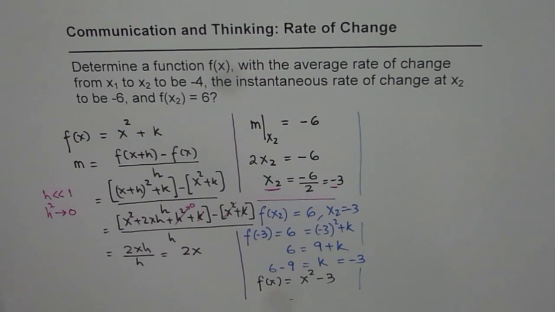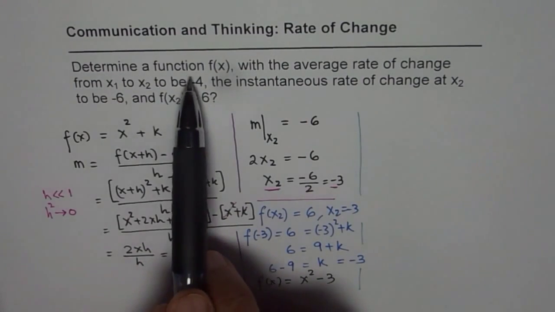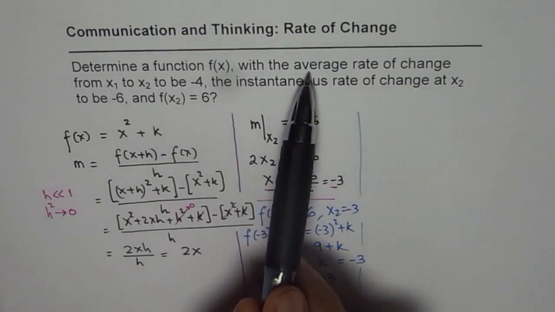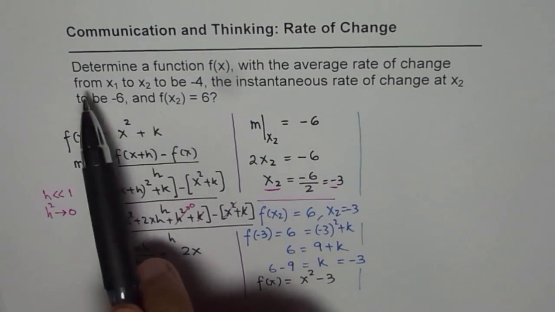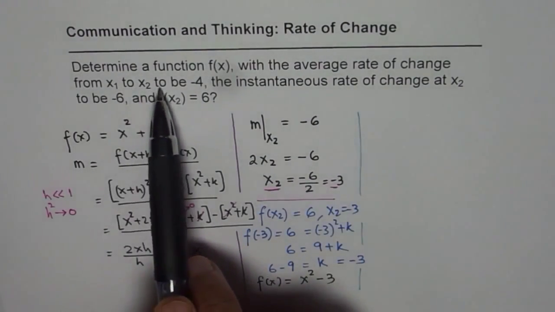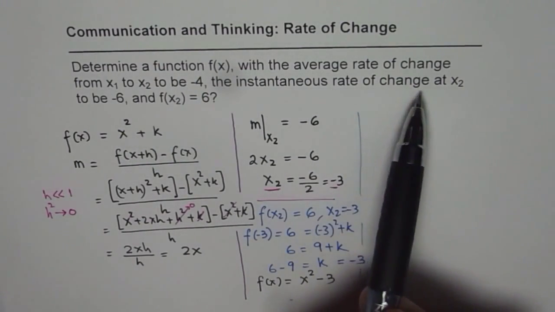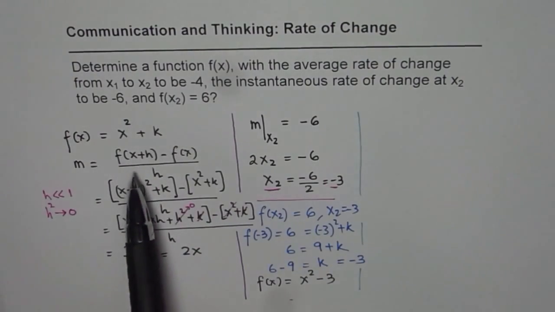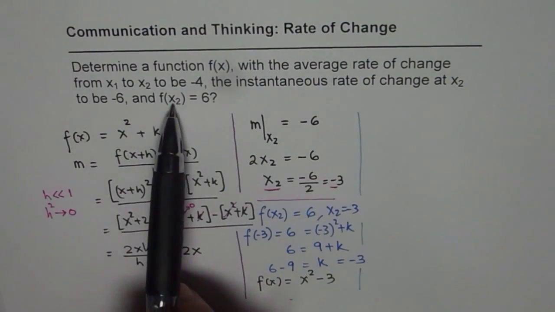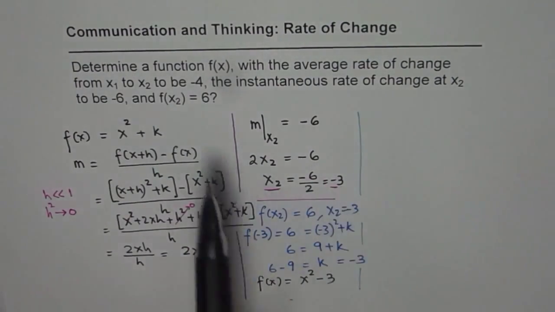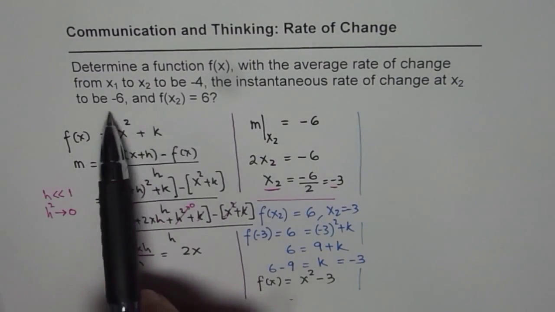Now let's tackle the last part, which is to determine the function f of x with average rate of change from x1 to x2 to be minus 4. We already know that the instantaneous rate of change at x2 is minus 6 for the given function, and point x2 is minus 3, and the value is 6. So we have done the second half.